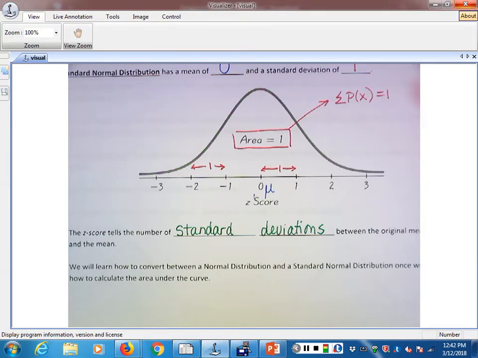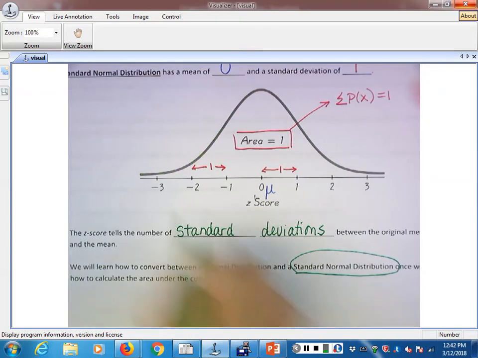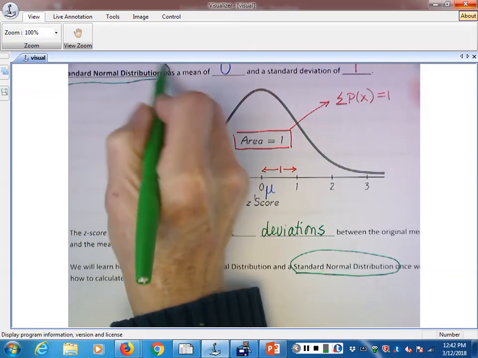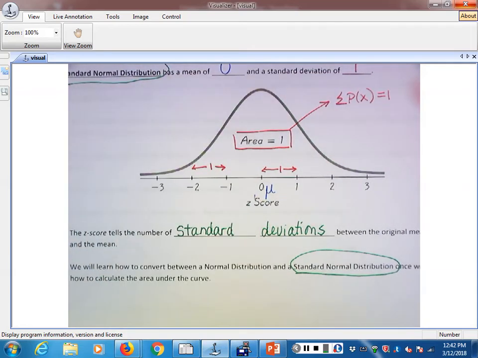We're going to learn how to convert between a normal distribution and a standard normal distribution, which is what this one is, once we understand how to calculate the area under the curve.